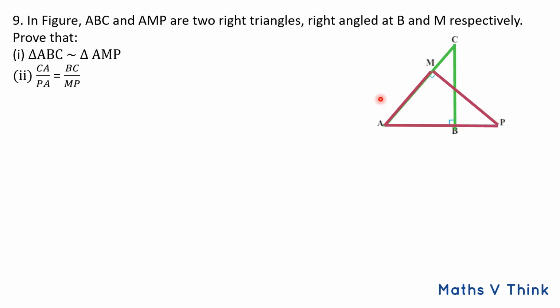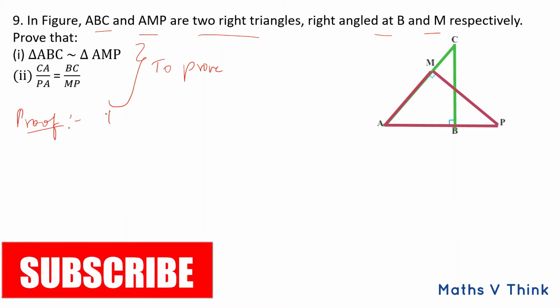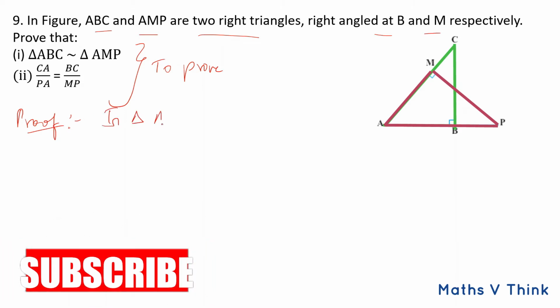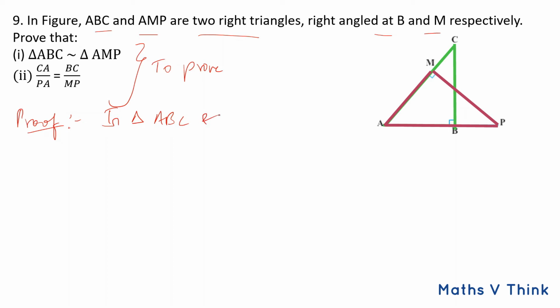So let's start. Given: ABC and AMP are two right triangles, right angled at B and M. To prove this. Now the proof. First take triangle ABC and triangle AMP.